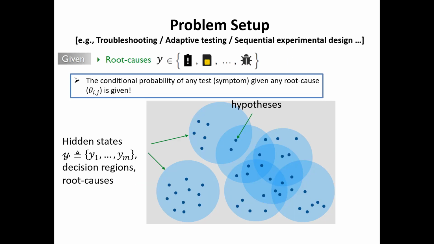So far, we have assumed that the conditional probabilities of test outcomes given decision regions or root causes are given. So theta ij's, which correspond to P of xi conditioned on yj, are given. In some applications, we might have access to some training data or some prior knowledge that we can use to estimate these parameters.